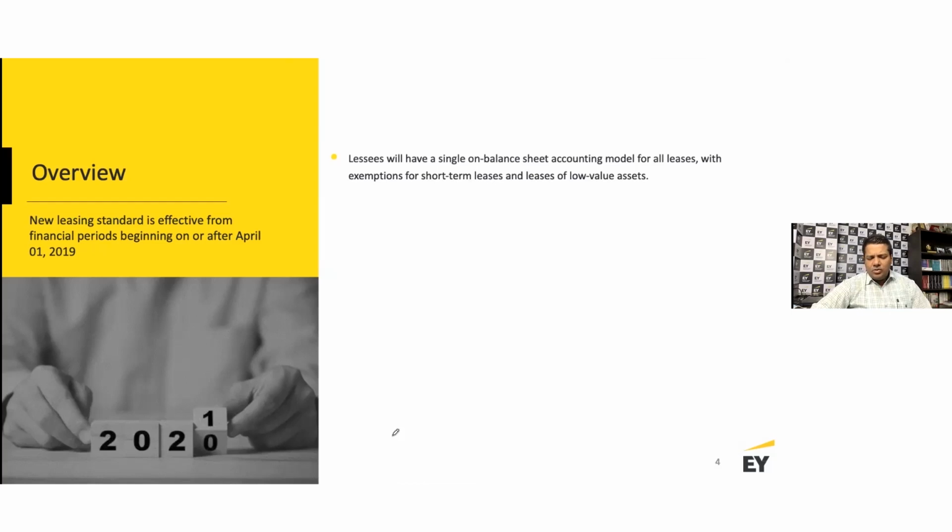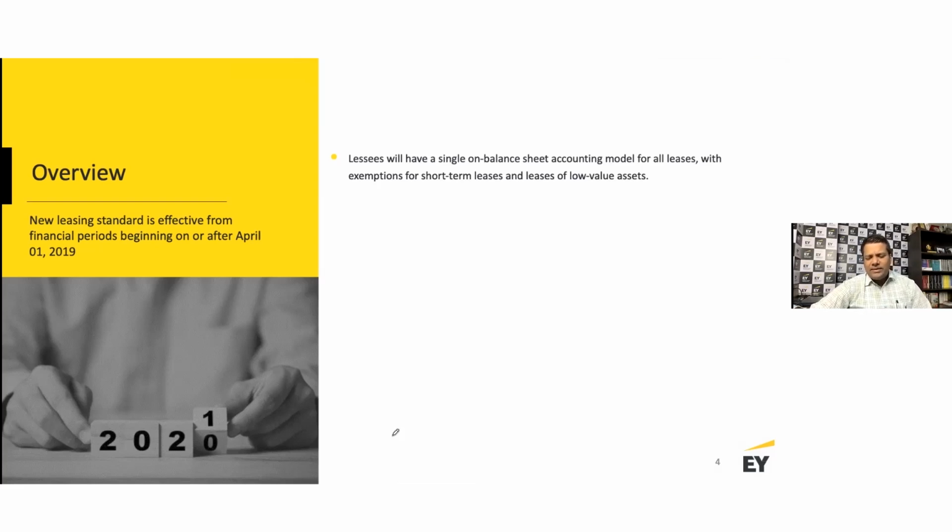There is no more evaluation of whether a lease is a finance lease or an operating lease. A lease is a lease, okay? Except for short-term leases, which from a standard perspective are leases of less than 12 months, and leases of low value assets.